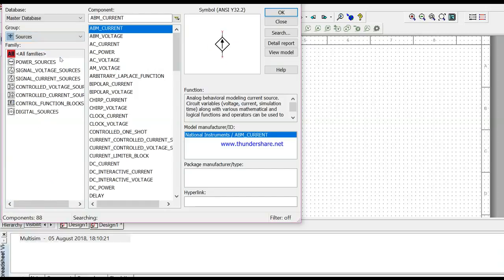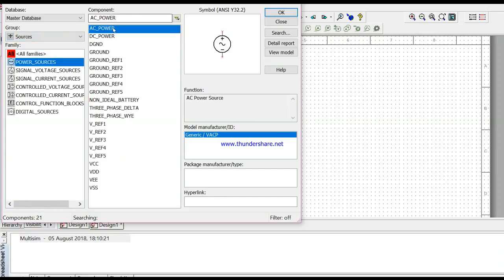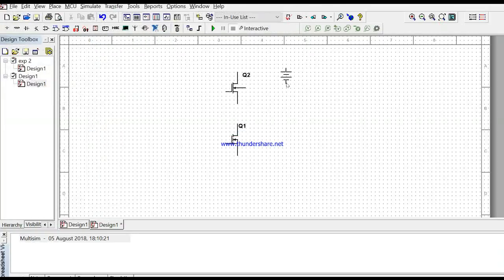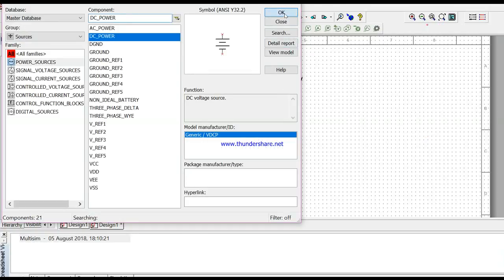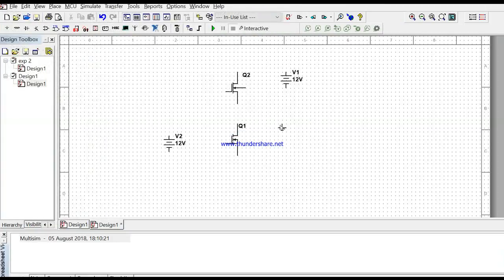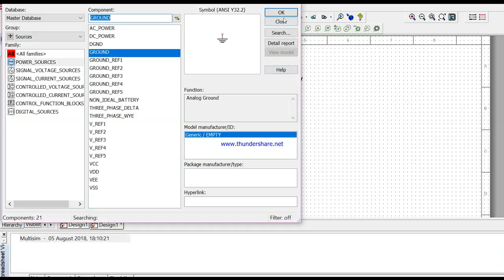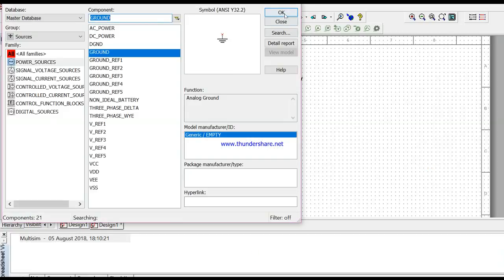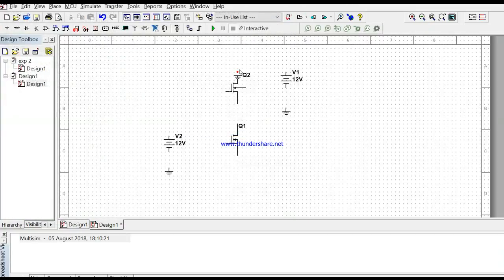Going to the source, power sources, DC power, required DC powers. Then we'll go to ground. Connecting all this.